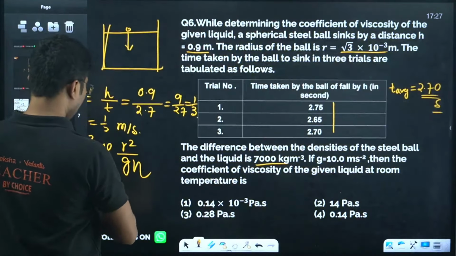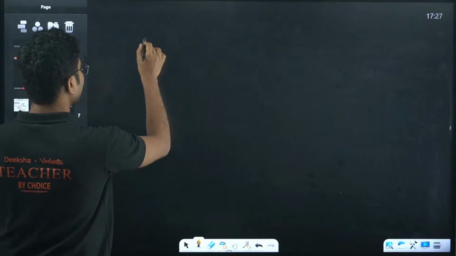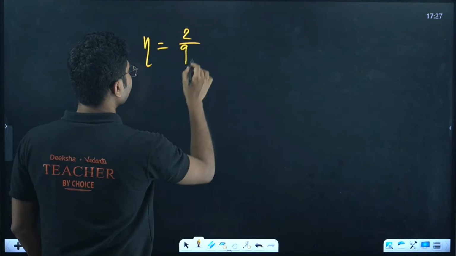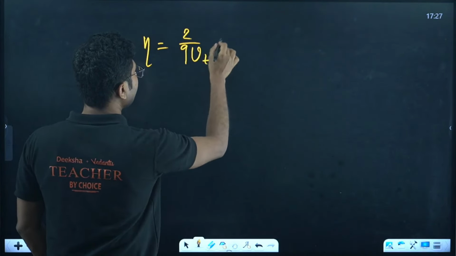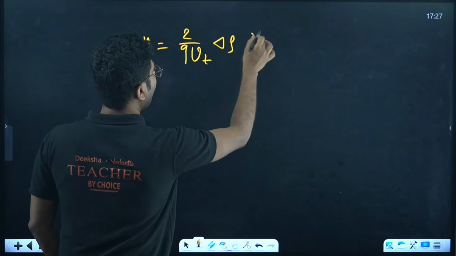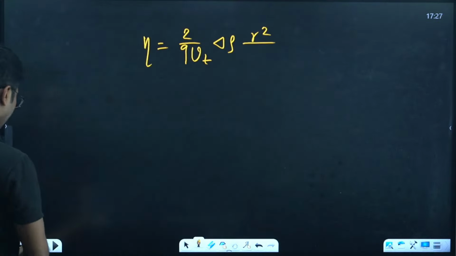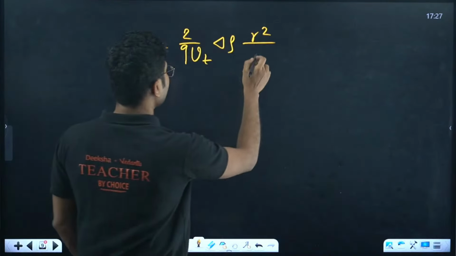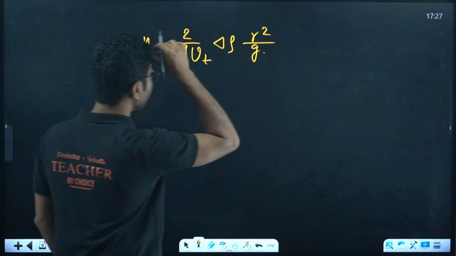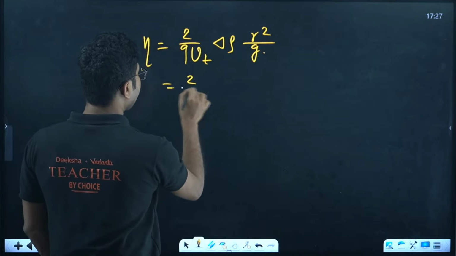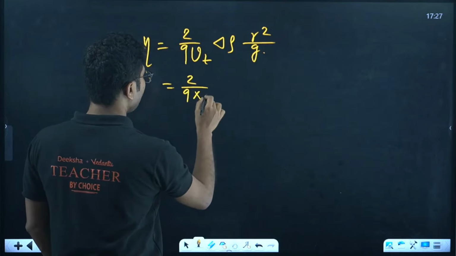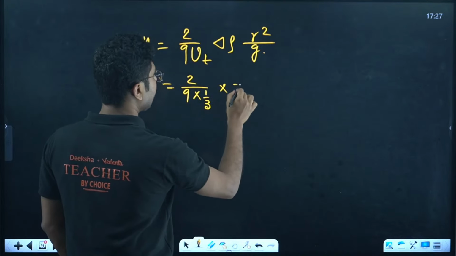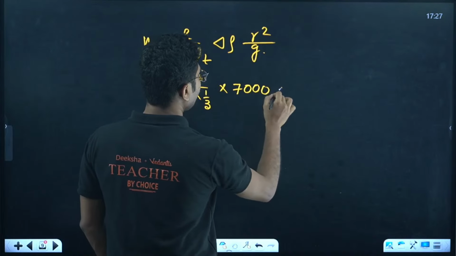So eta will be equal to 2 by 9 terminal velocity difference in rho R square divided by g. Okay, now you have to put the values. So it will be 2 by 9 into 1/3 into 7000 into R square.